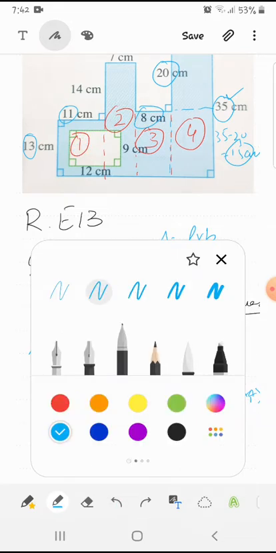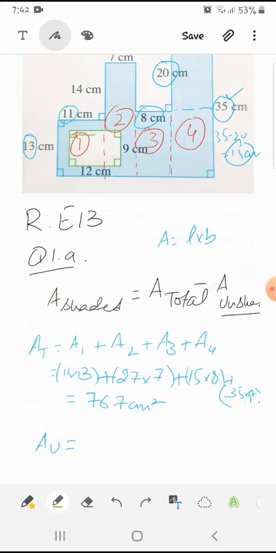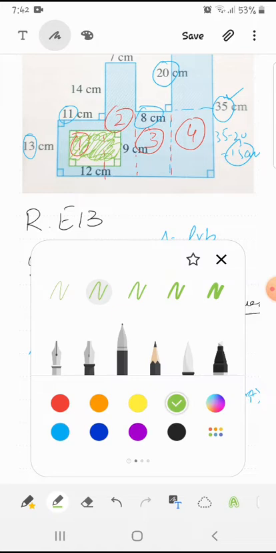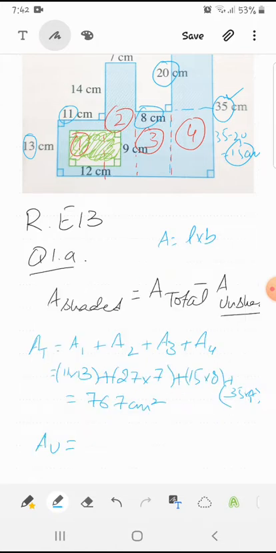I'm going to use green color for this unshaded part, and this is the part which is unshaded. So this is also a rectangle, so I'm just gonna take the dimensions for that. Length into breadth, which is length in this case is 12 and the other length is 9, so this is 12 into 9, 108 centimeter squares.